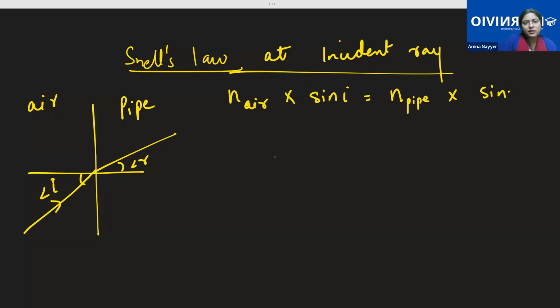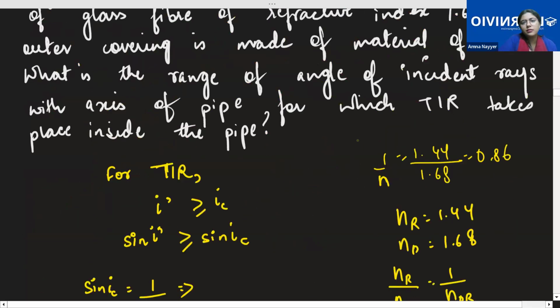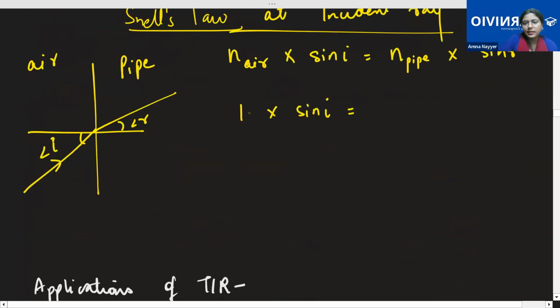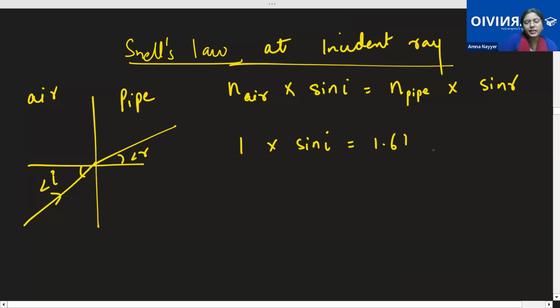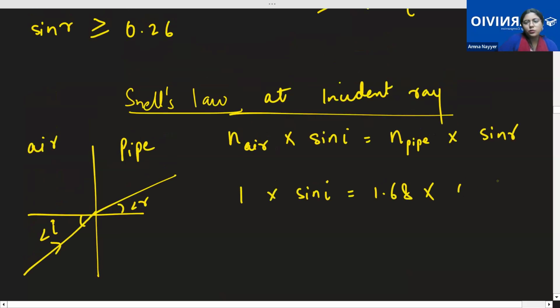So air is 1, sine i we have to find out. The refractive index of the pipe is 1.68, this region, right? This is 1.68 into sine r, which is greater than or equal to 0.26.